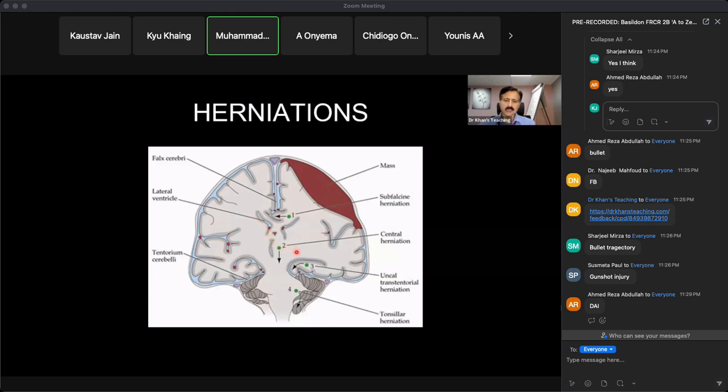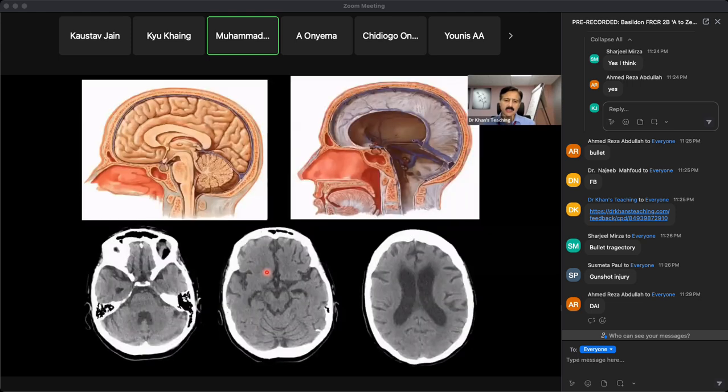Transtentorial herniation, of course, what happens is that this is the uncus, and the uncus goes through the hiatus and then displaces the midbrain to the other side. Anatomy-wise, the key feature is that when there is subfalcine herniation, the foramen of Monro is going to be compressed.